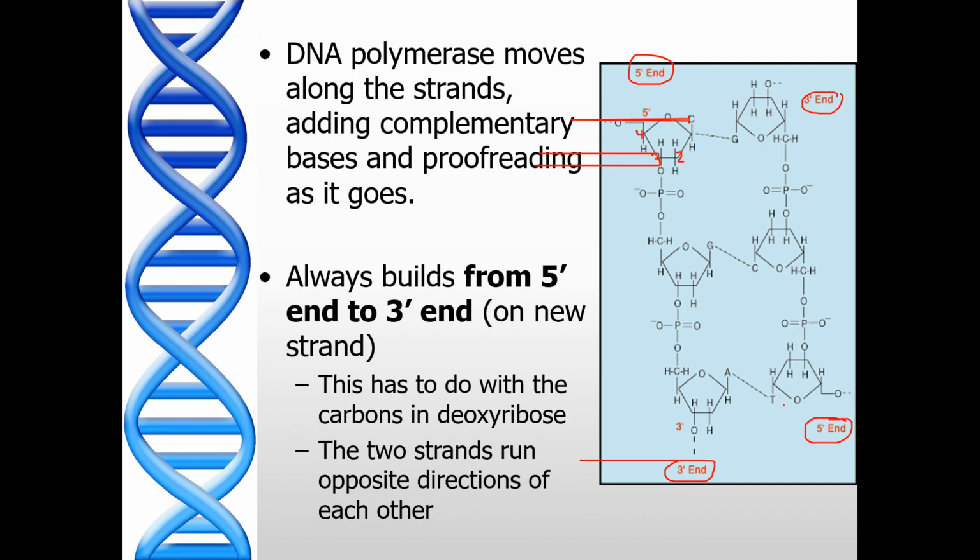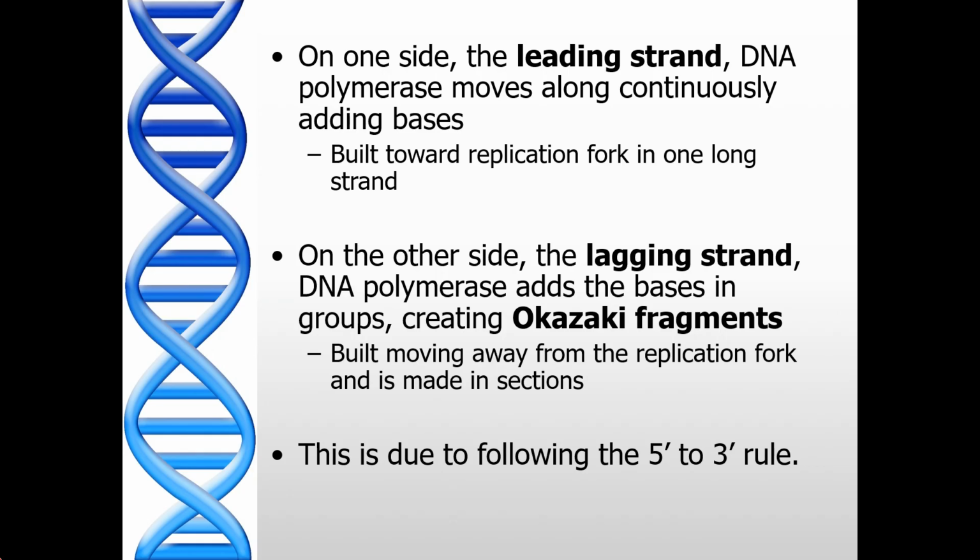All right, when we get to the essays for this unit, you're going to be labeling diagrams, and it's really important that we understand this 5-3 concept, okay? So once again, the 5-3 goes back to the carbons. So because polymerase can only build in one direction, what that means is the new strands are going to get built in opposite directions, okay?